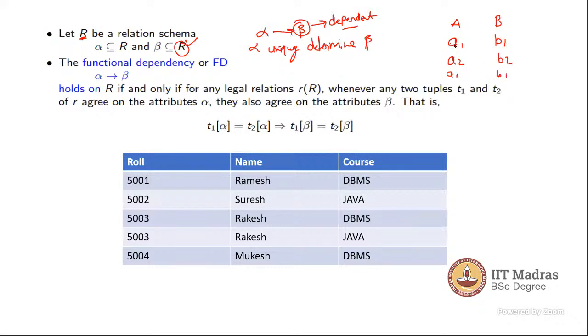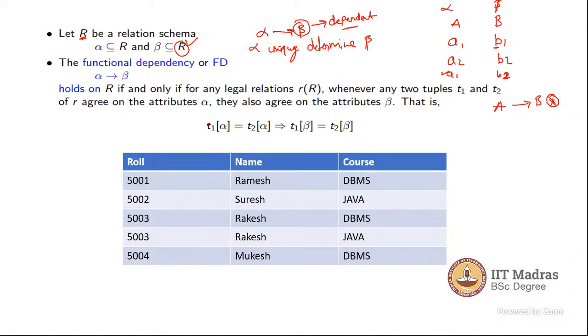So A1 must uniquely determine B1 only, where A is alpha and B is beta. If instead we have A1 with B2, then the functional dependency A determines B does not hold true, because A1 is determining both B1 and B2. I have taken the same slide from our weekly videos.